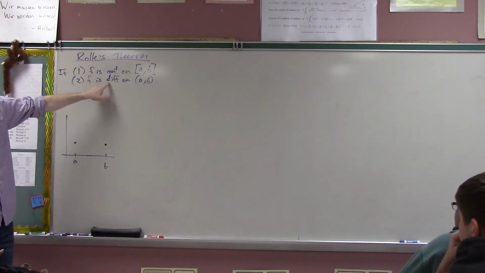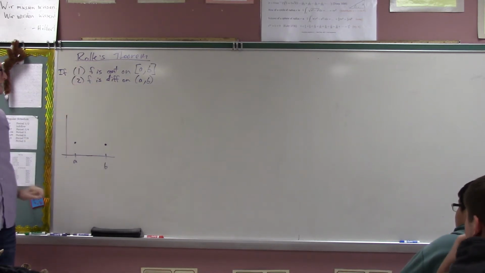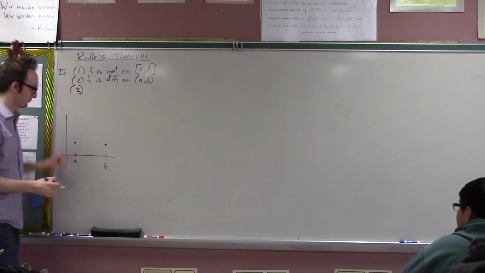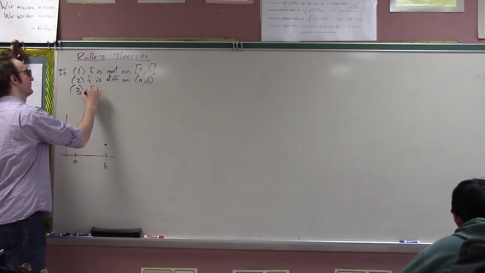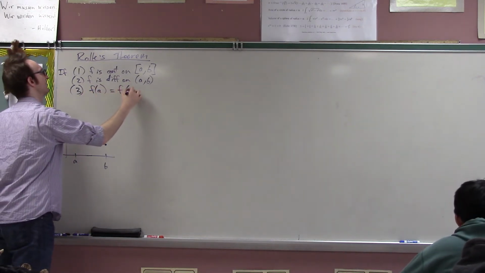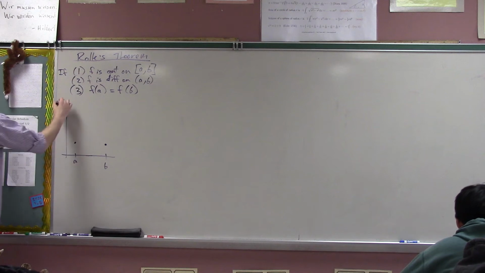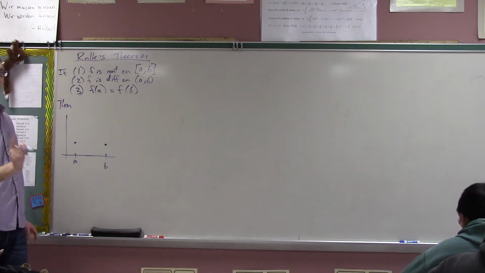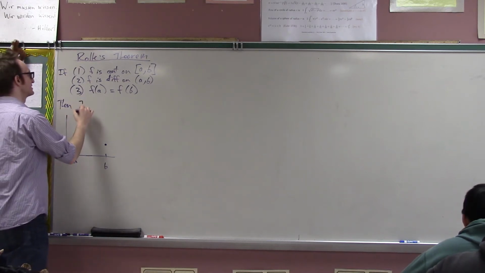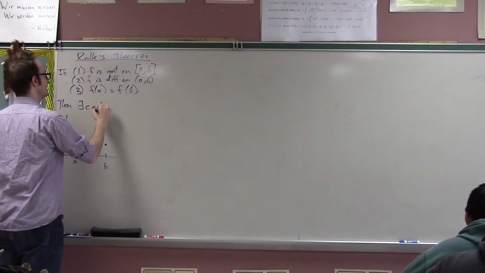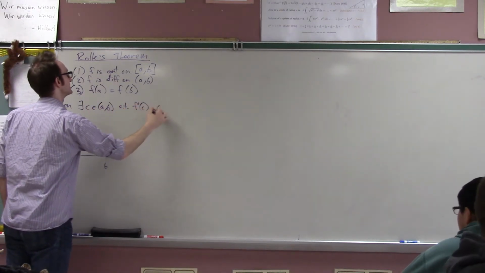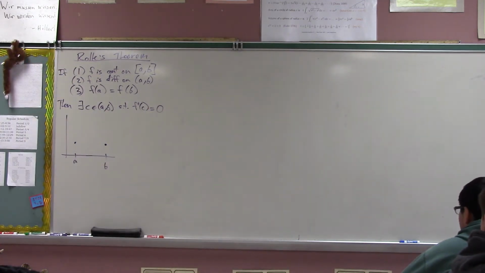You have a continuous function and a differentiable function. And the crucial other fact is that we start and end at the same place. So if f(a) equals f(b), if all three of these things hold, then, as you mentioned, there must be somewhere on that interval in which the derivative is 0. There exists a c in the interval (a, b) such that f'(c) is 0. This is Rolle's theorem.